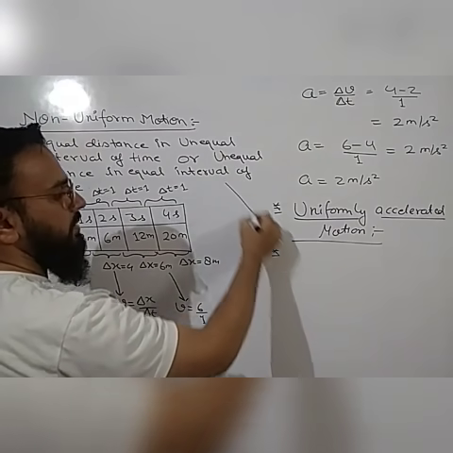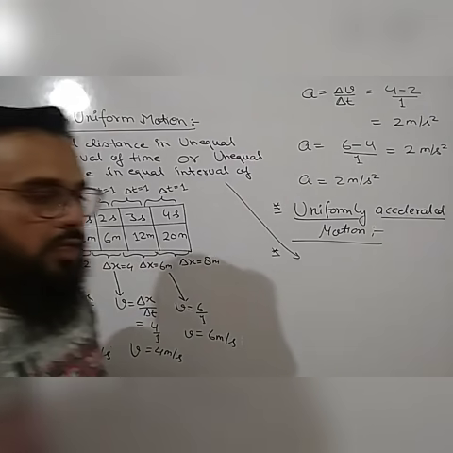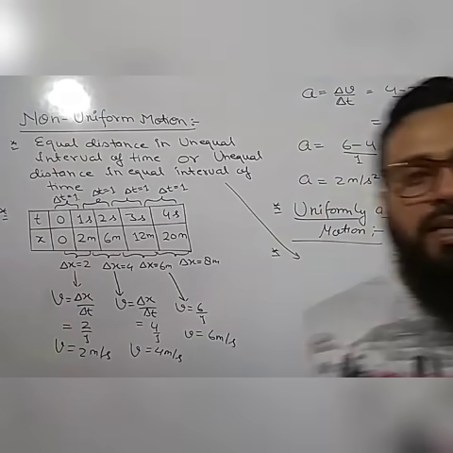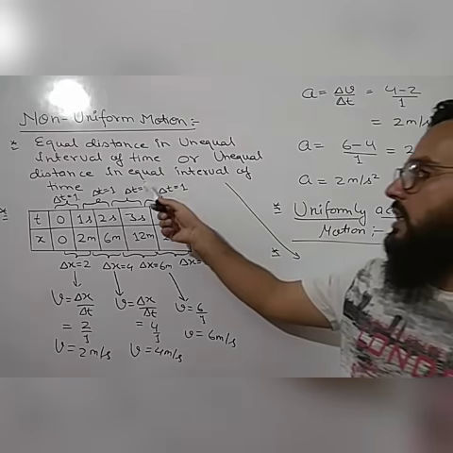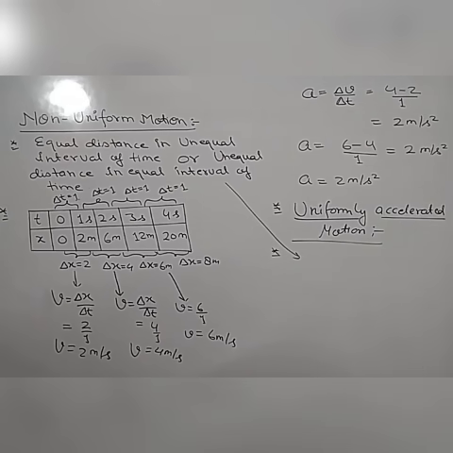First condition is the same. If a body covers equal distance in unequal interval of time or unequal distance in equal interval of time, and if the acceleration also remains constant, then such a motion is known as uniformly accelerated motion. Okay, note it down.